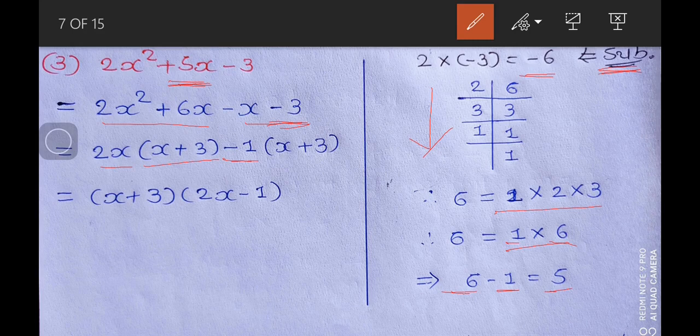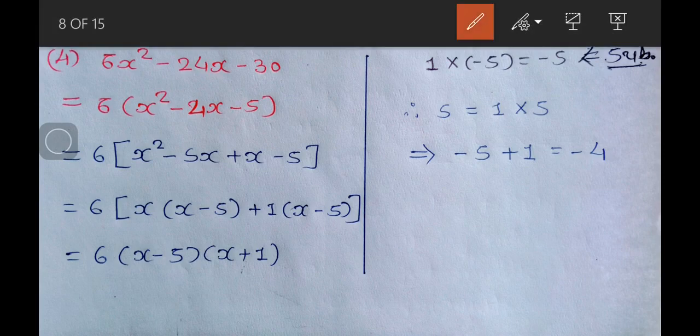So minus x becomes plus x and minus 3 becomes plus 3, and we put it in bracket x plus 3. Now again you can see that in both terms we have x plus 3 as a common term. So we put x plus 3, and the rest of the part we put here as 2x minus 1.